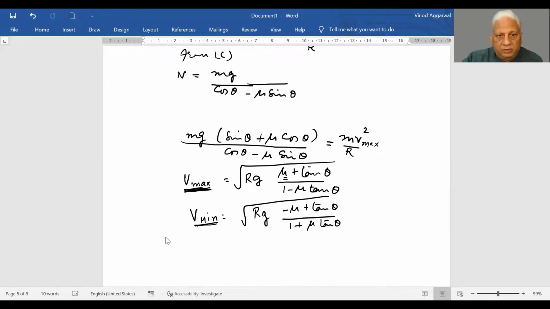This will be our minimum velocity. If we make our velocity less than this, then what may happen? The car, instead of skidding upwards, will start going down the slope. So these two formulas tell us that our velocity should be somewhere in between these two.